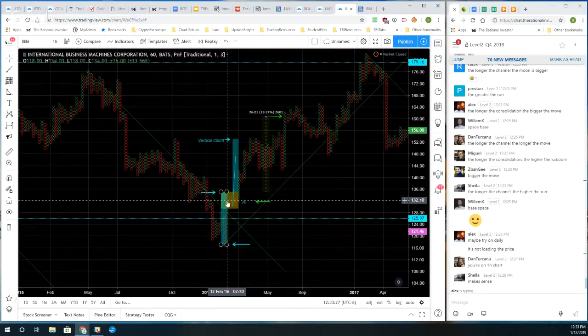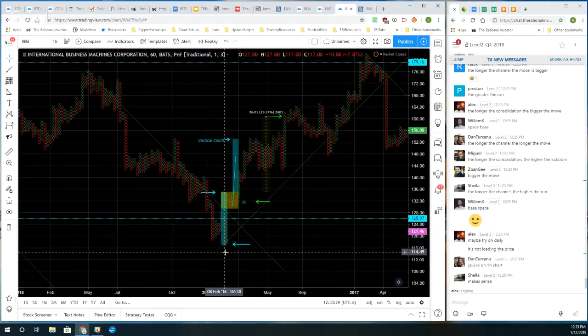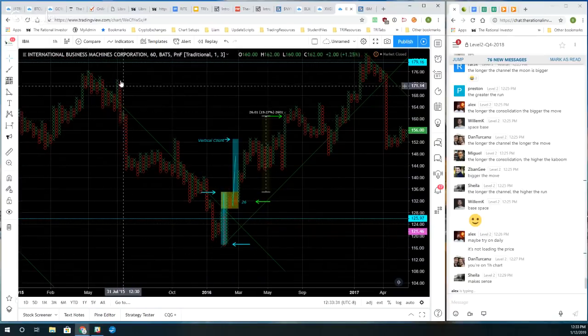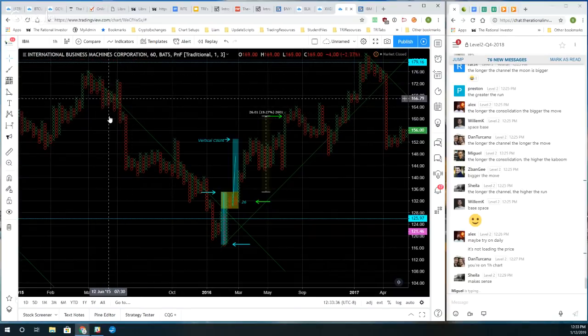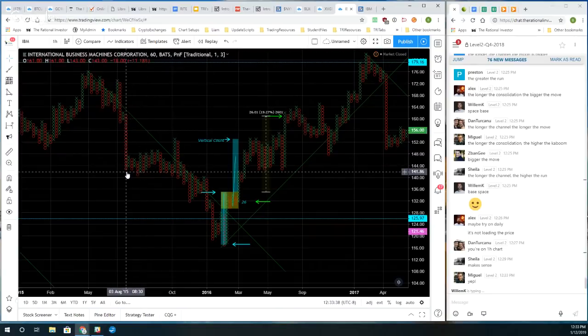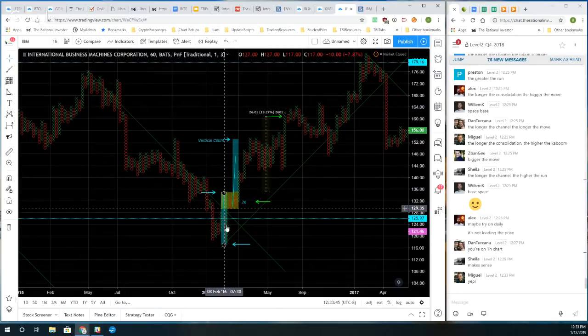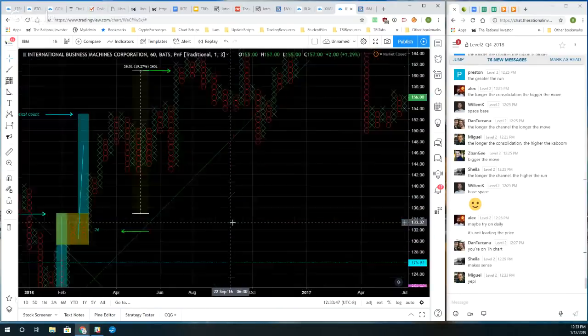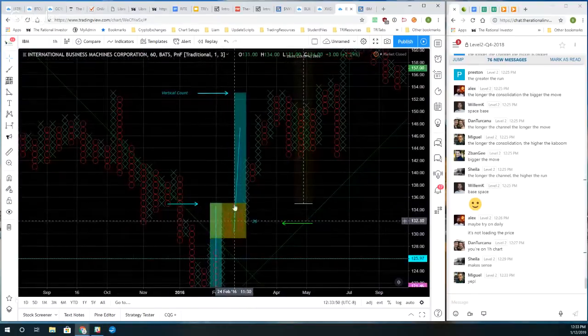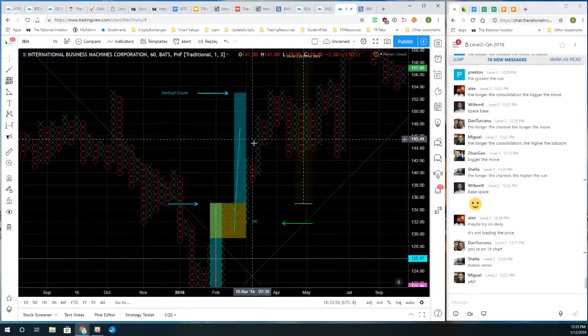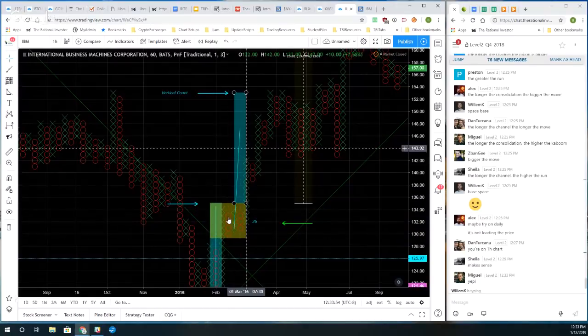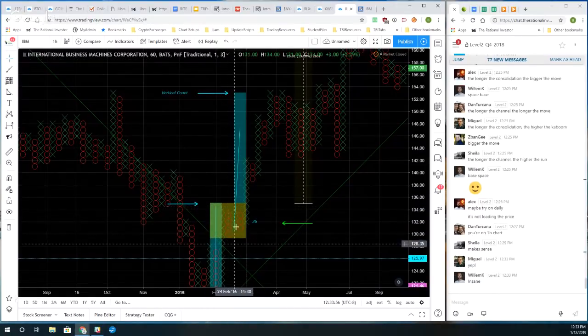In essence, vertical count is: count a one-way move, count the number of boxes, and then a resolution of a consolidation should replicate that move on the other side. That's called the vertical count. The horizontal count says that if you get a move and then you get a consolidation in price, a subsequent breakout or validation of this is energy that's stored up inside the market.